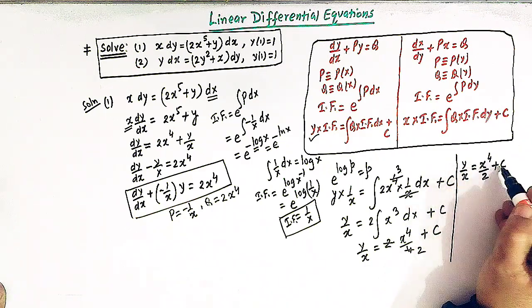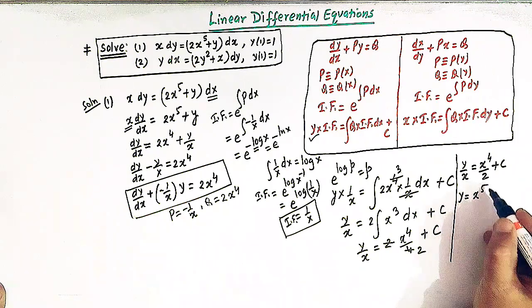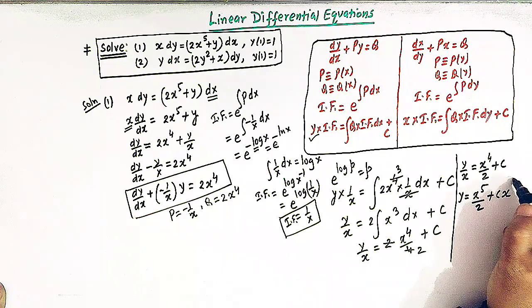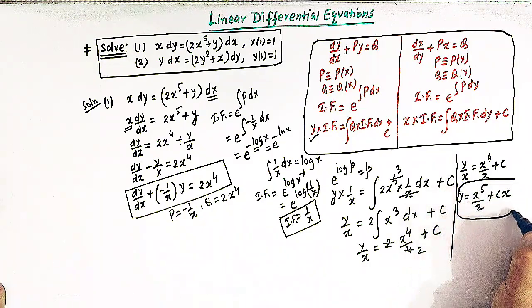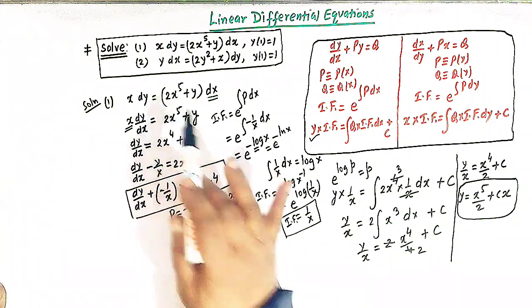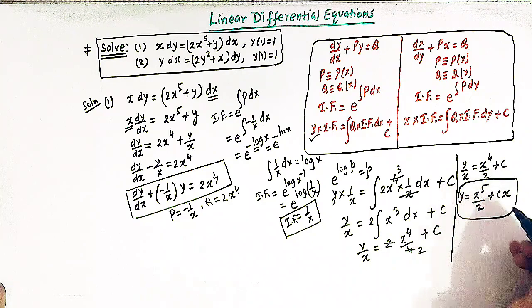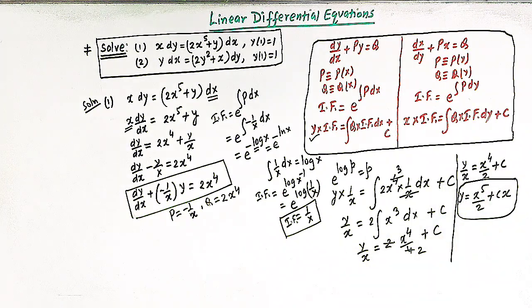Multiplying both sides by x, we have y is equal to x raised to 5 over 2 plus cx. This is the general solution of this differential equation, because this solution carries the constant of integration.